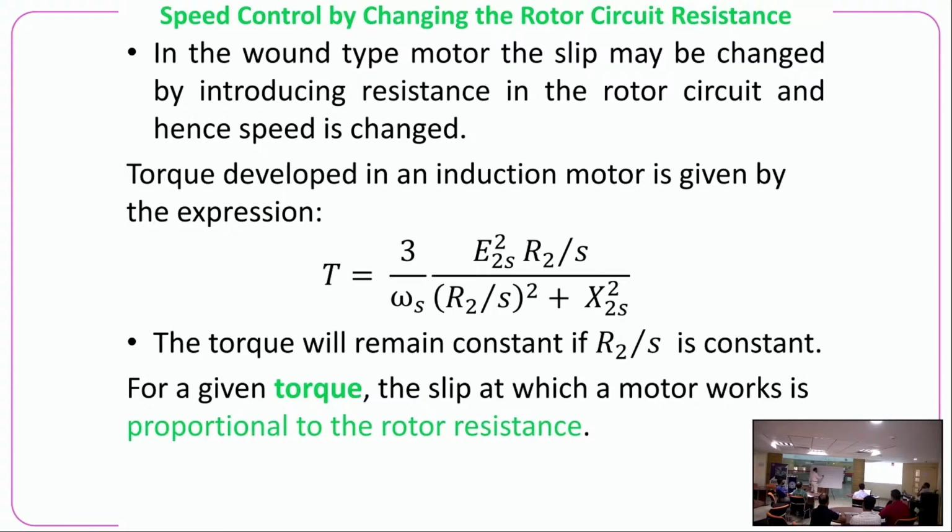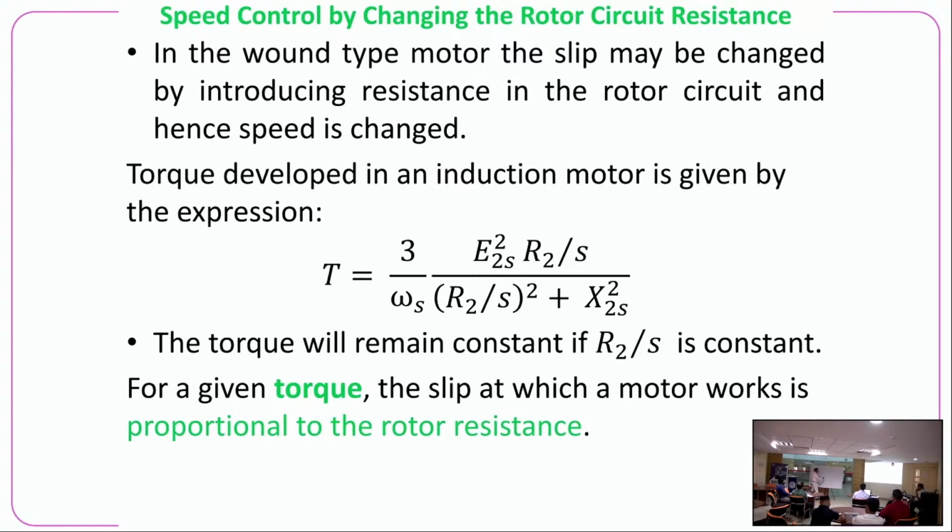Now what is I2 dash? I2 dash is nearly equal to I1 if you neglect the no load current, which is less than 10%. And what is I1? From the equivalent circuit, I1 equals V1, the voltage applied to the stator, divided by the total impedance.